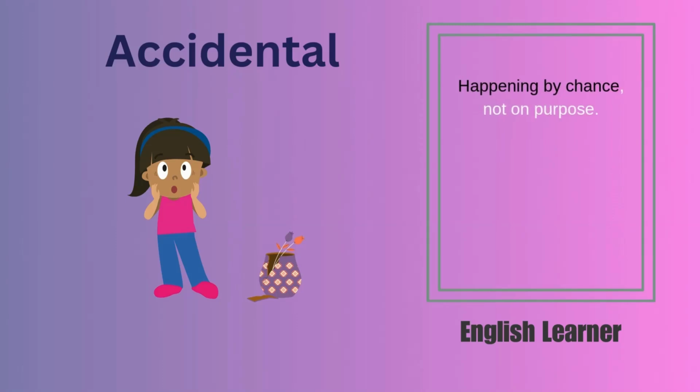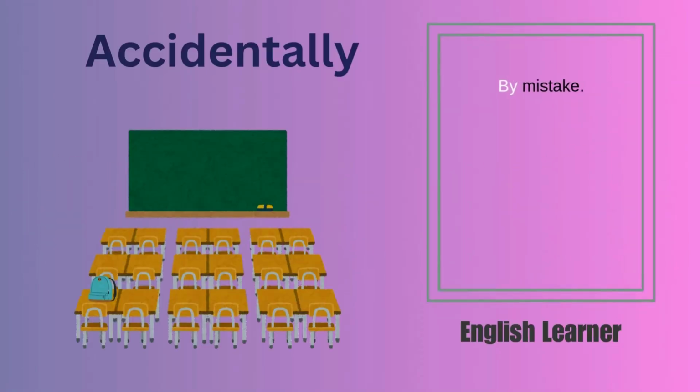Accidental. Happening by chance, not on purpose. Example. Breaking the vase was accidental, she didn't mean to do it. Accidentally. By mistake. Example. He accidentally left his backpack at school.